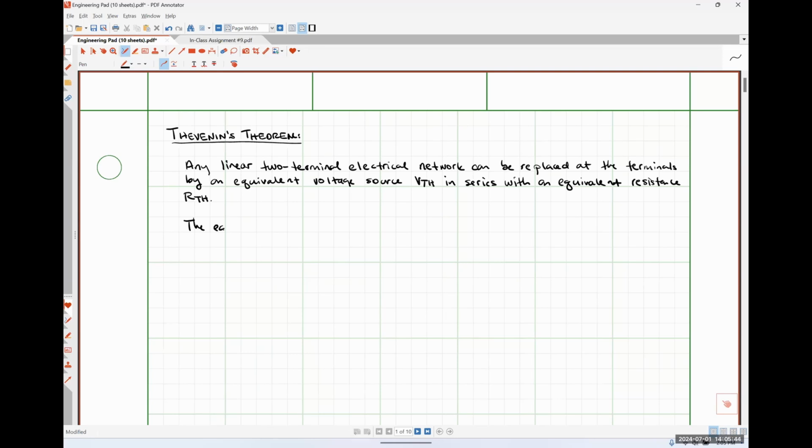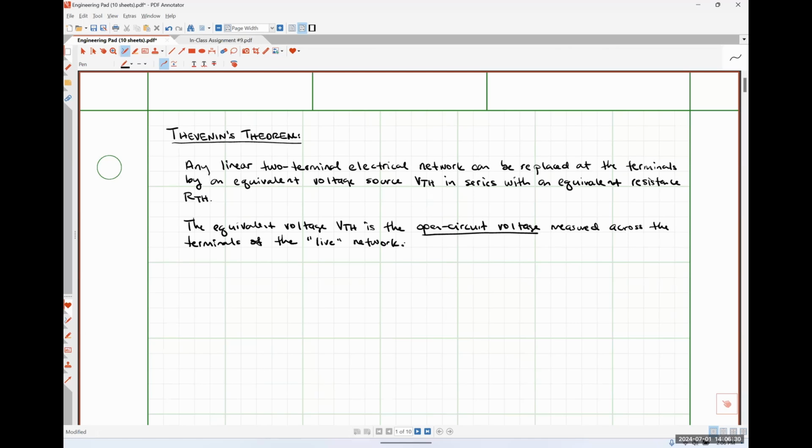The equivalent voltage, V Thevenin, is the open circuit voltage measured across the terminals of the live network, where a live network simply means that all of our independent sources are turned on. Okay?